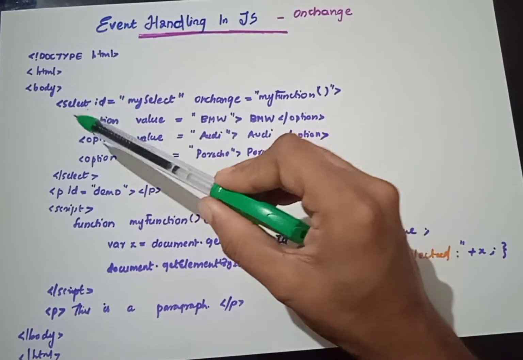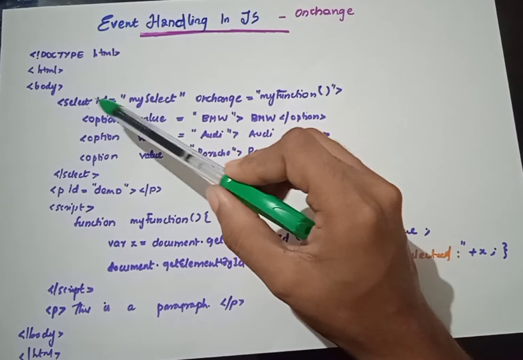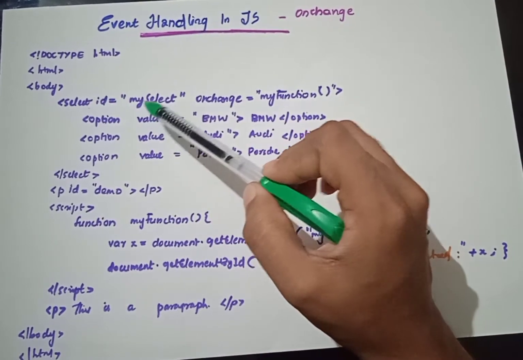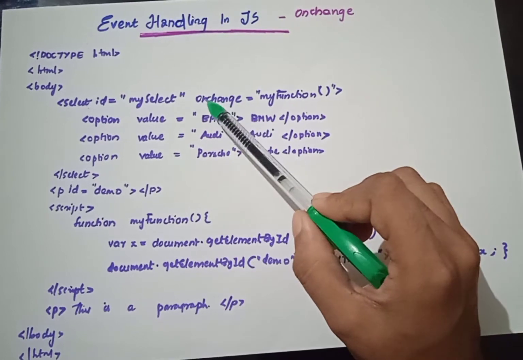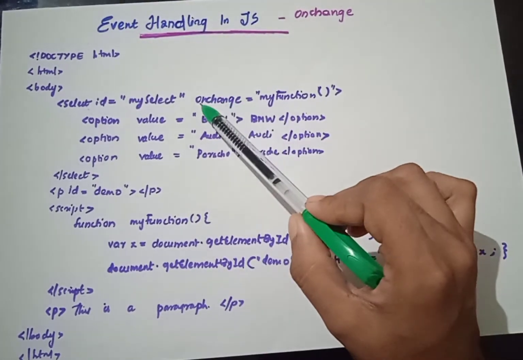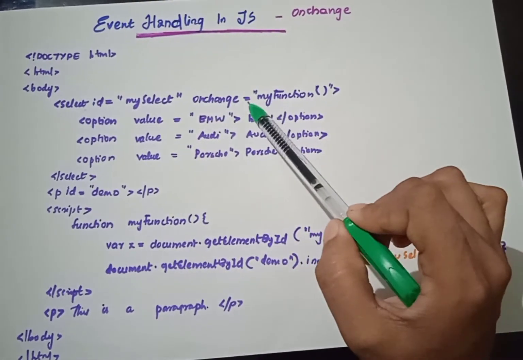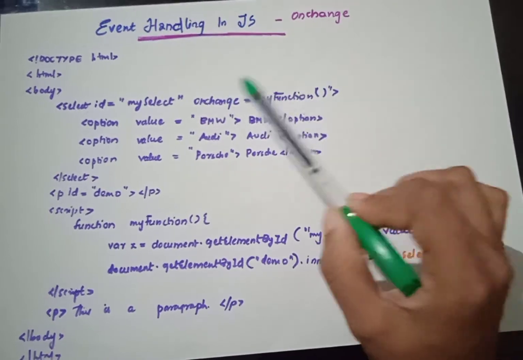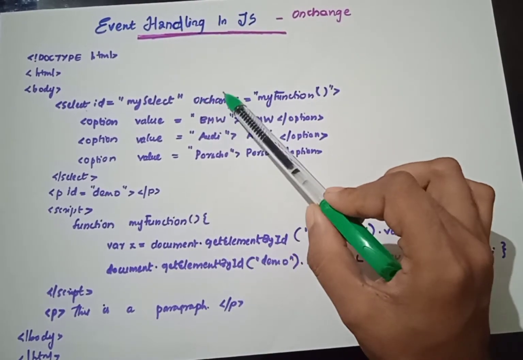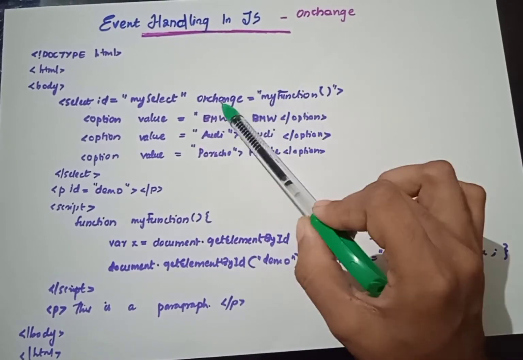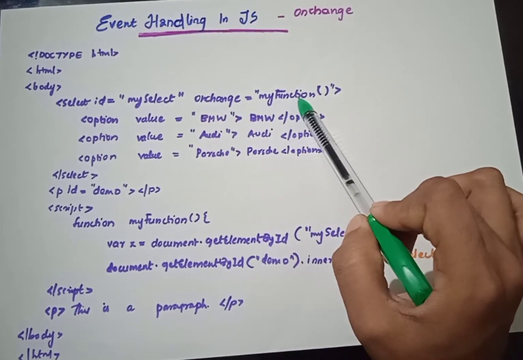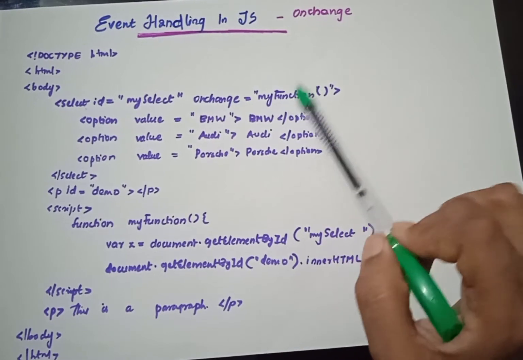Here select is the tag having the id my select. Onchange is an event. Here our event is onchange equal to my function. That means when the change takes place, you have to call this function. That is defined using these words.